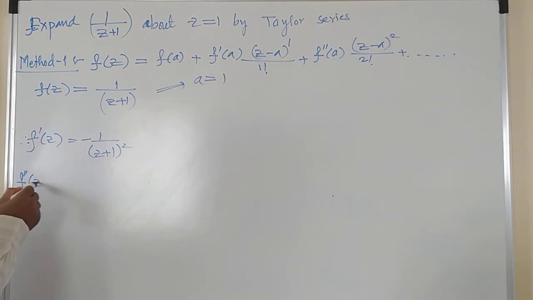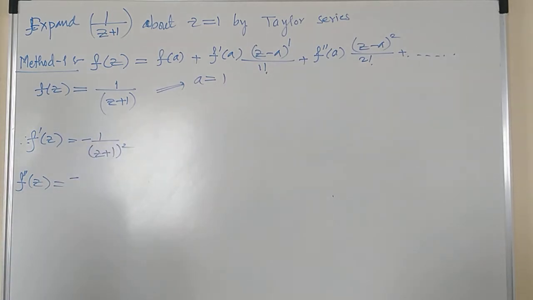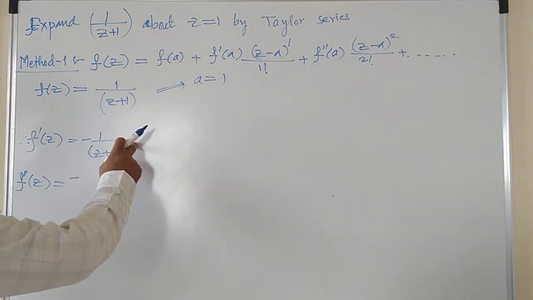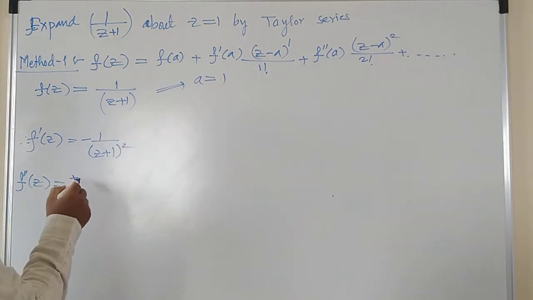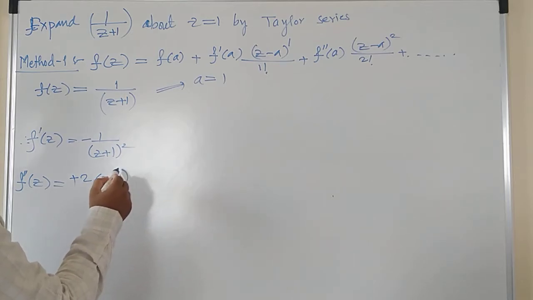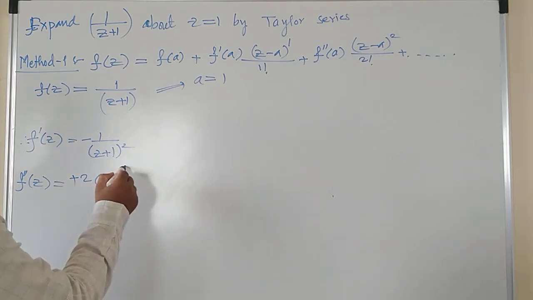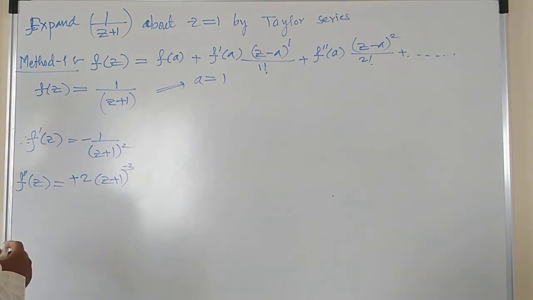F double dash of z is equals to minus times, if this is the numerator, 1 into z plus 1 raised to power minus 2. So this minus 1 and this minus 2 will be plus 2 into z plus 1 raised to power minus 3, no? Minus 3.